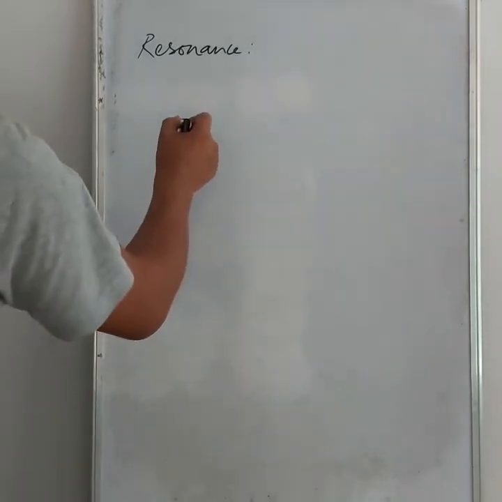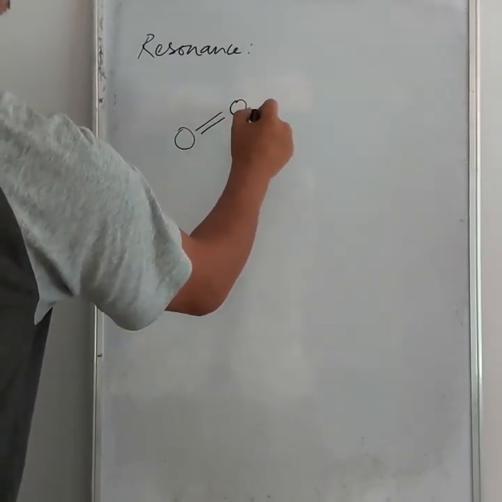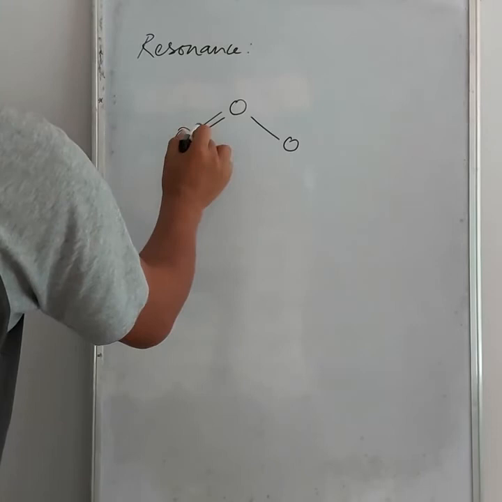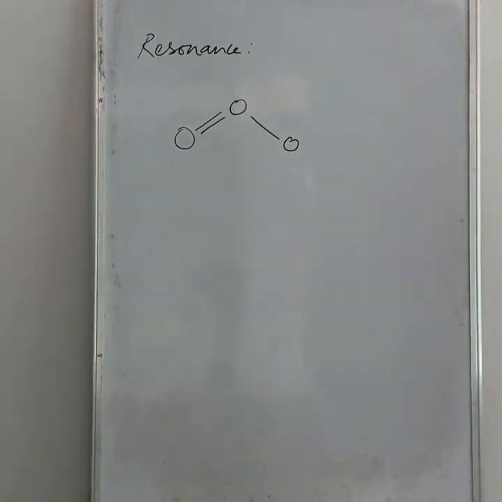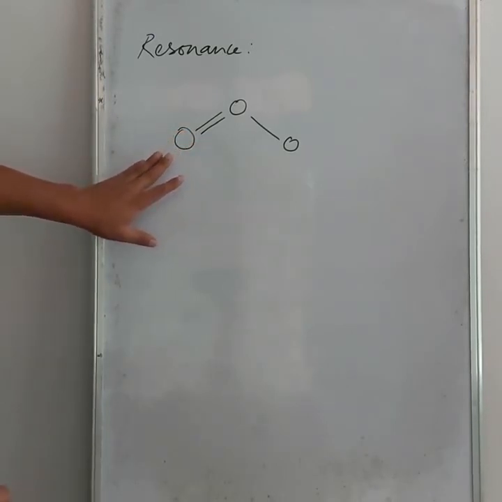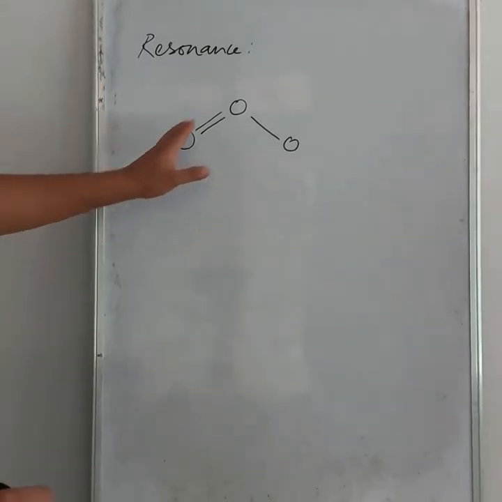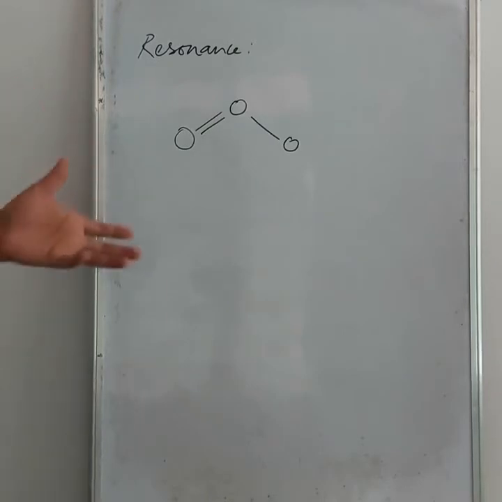In ozone we have three oxygens arranged this way. The electronic configuration can be satisfied only with this arrangement, because otherwise it would violate the octet rule. Therefore, it adopts this structure.